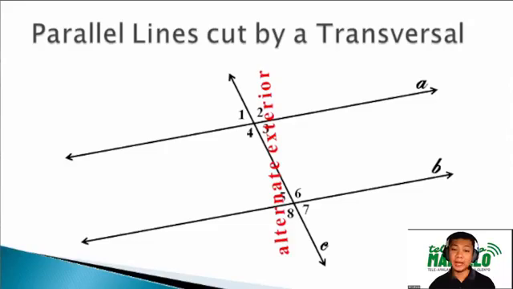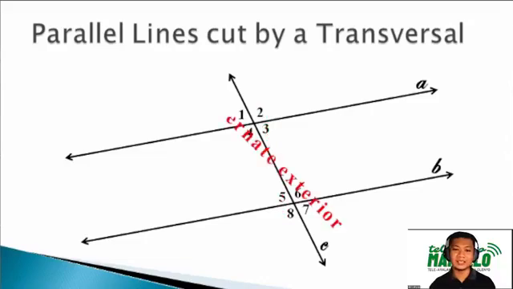And we also have the alternate exterior angles. Those are, for example, angle 2 and angle 8. They are congruent. As well as another pair, angle 1 and angle 7, which are congruent because they are alternate exterior angles. How about the same side interior angles?